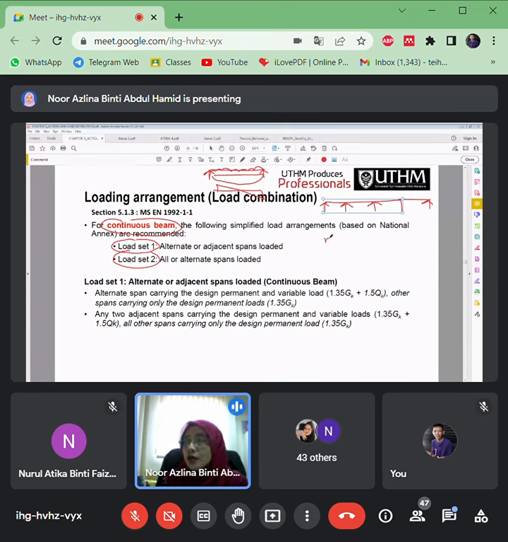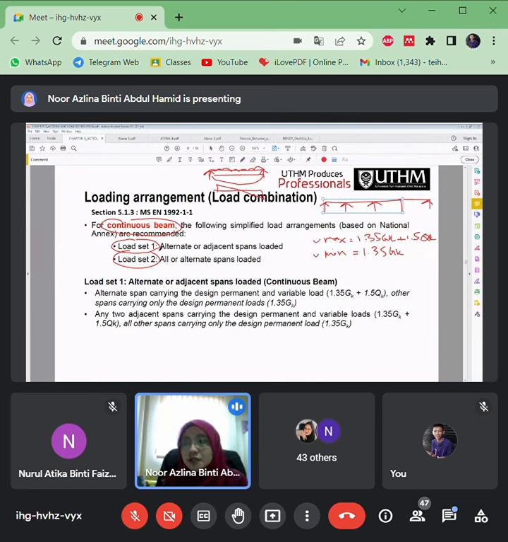Remember, we have a maximum load which is 1.35 GK plus 1.5 QK, and then we have a minimum load that just considers the permanent load. We consider GK only for the minimum load, 1.35 GK. So this is the maximum, this is the minimum load.